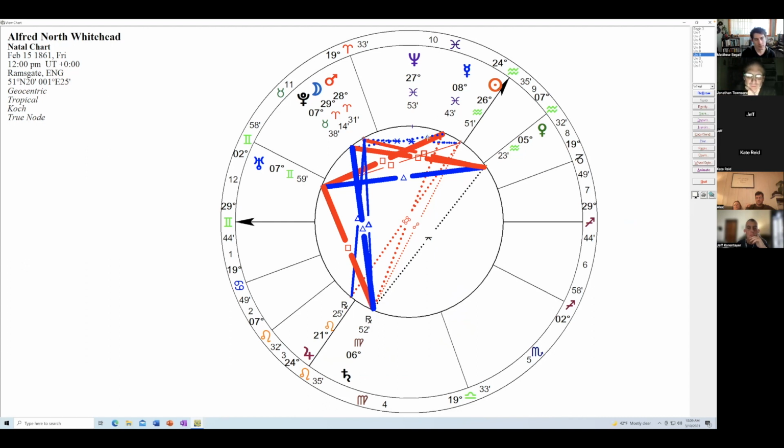Yeah, I mean, there's so much that's Neptunian about Whitehead's philosophy. The role of the imagination and the sense of preserving a kind of Platonic world of ideas, but making it even more unified with the physical experiential world.